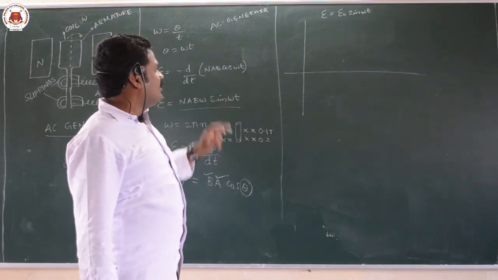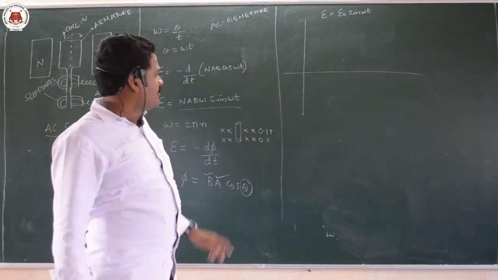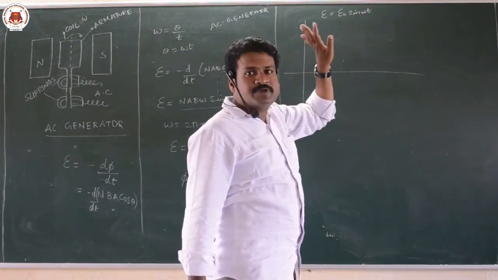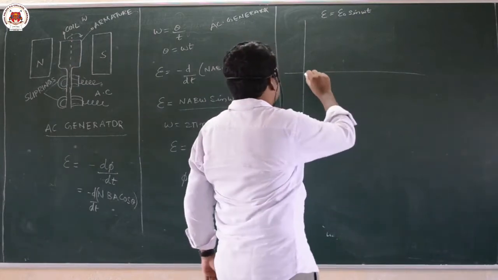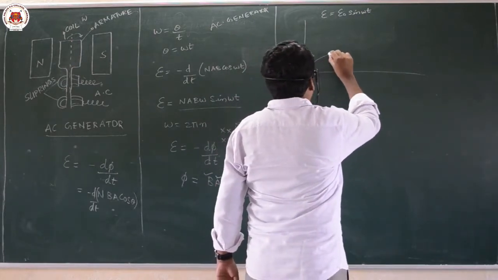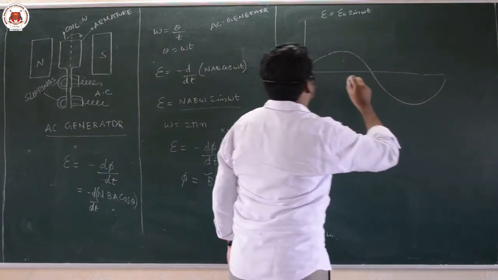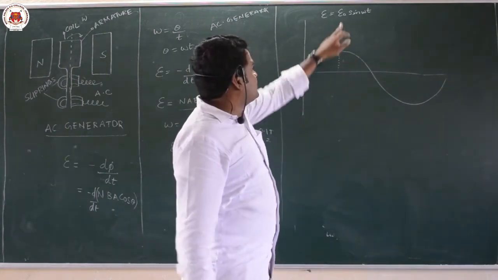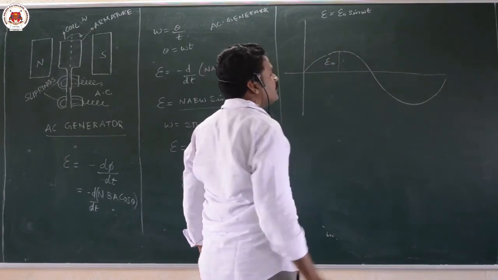Put omega t as 0 if the orientation of the coil is at 0. Omega t 0 means what is the EMF value? At time t is equal to 0, EMF is 0. Again it reaches 90. When sin theta reaches 90, EMF is maximum. We will get E naught.